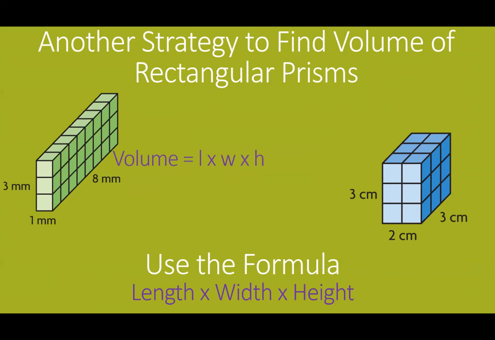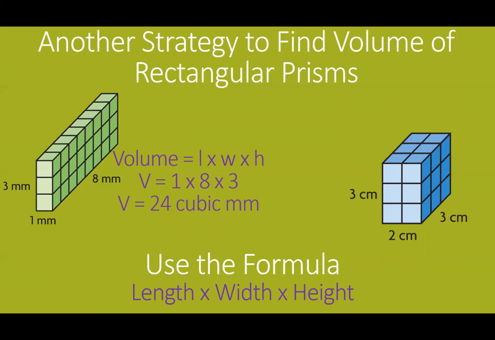So over here on the left-hand side, we have a green figure, and you can see that its length is 1 millimeter, its width is 8 millimeters, and its height is 3 millimeters. So we would multiply 1 times 8 times 3. And the volume is 24 cubic millimeters because 1 times 8 is 8, and 8 times 3 is 24.